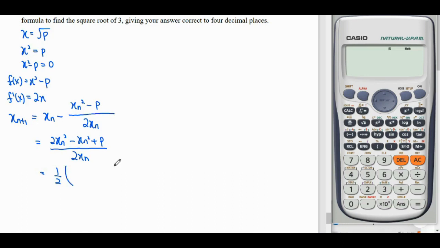We notice that 2 x n squared minus x n squared gives us 1 x n squared. Then we simplify the division: x n squared over x n, we have x n. Then for the other part, p over x n. So this is the special form of Newton-Raphson method iteration.